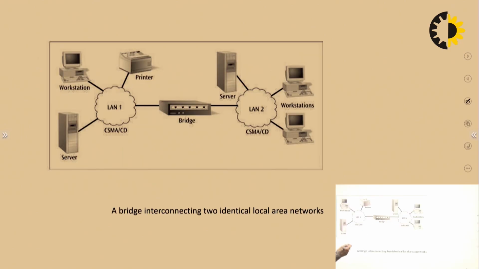So this is simply an interconnection of two identical local area networks with the help of this bridge. LAN 1 and LAN 2 are connected, where multiple devices are connected on each LAN. It is connected to LAN 2 with the help of a device, the bridge, which you can see here.